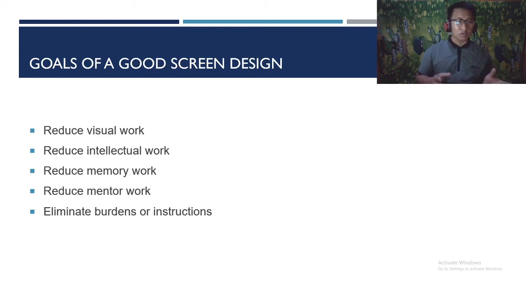Reduce intellectual work. It is easy for them to navigate and to manipulate. Reduce memory work. They don't need to think much just to understand what will happen in the system or what happens when they interact.